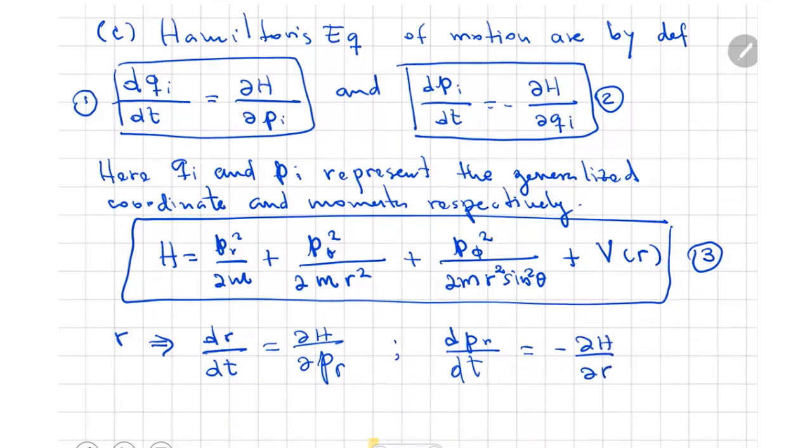So we are going to calculate these two equations. Let's do it. dr/dt is equal to dH/dp_r.